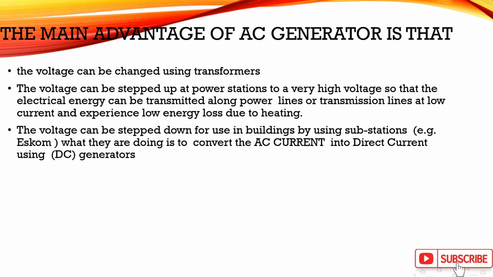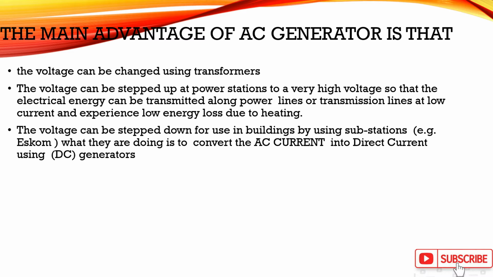So that's why I always say it is dangerous to put your house under transmission lines. The voltage can be stepped down for use in buildings by using substations, for example Eskom.